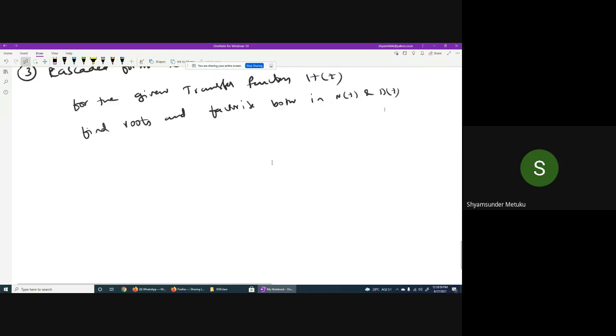So let me take an example. H of z is equal to 1 minus some z inverse divided by 1 minus 2 z to the power minus 1 plus z to the power minus 2. I think factorization is not possible in the numerator, because it is only single order. But coming to the denominator, the second order, can we do the factors? Yes, sir.